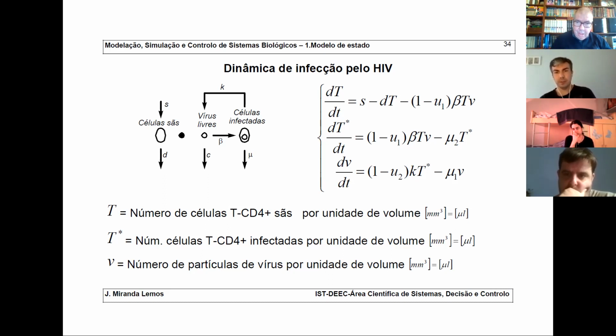I mean, one solution for these equations when you equate them to 0.